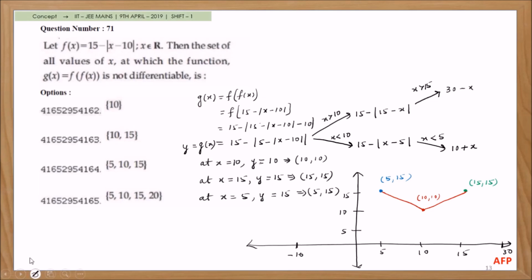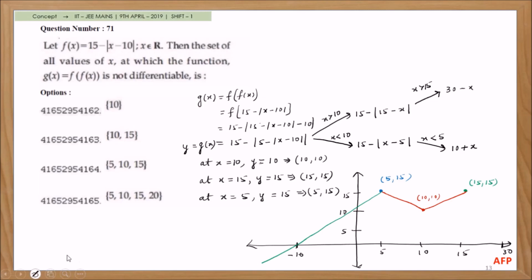Next, less than 5 you will get this graph which will pass through this minus 10. If you substitute y is equals to 0, then x plus 10 is equals to 0, this implies x is equals to minus 10, so this point you will get.